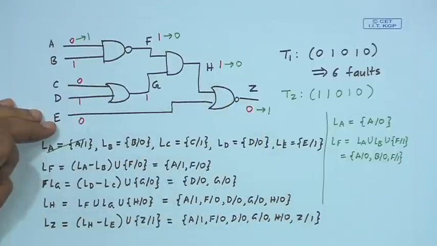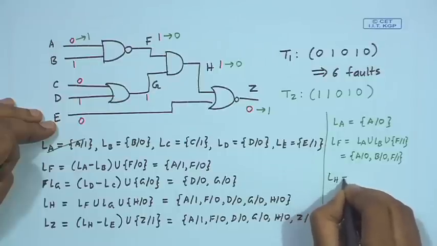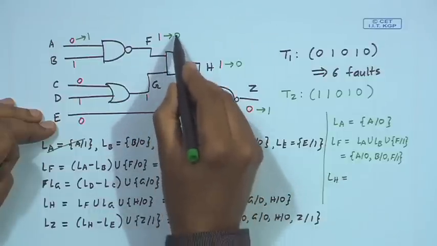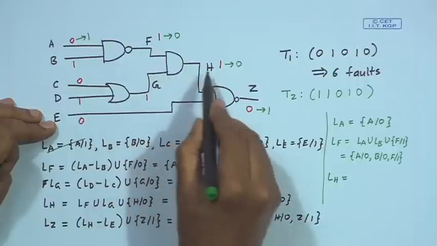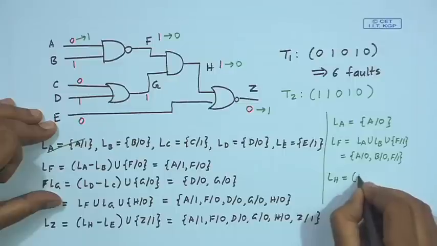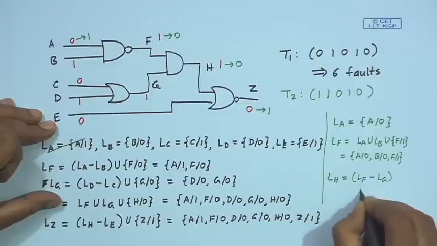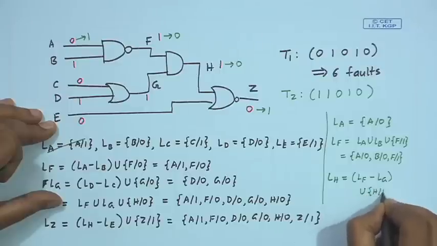Similarly, you compute H, same way you continue. So, you compute the value of LH. Now, the inputs are 0 and 1 for the AND gate. Output will change if F changes, but G does not change. So, it will be LF minus LG union H stuck at 1.